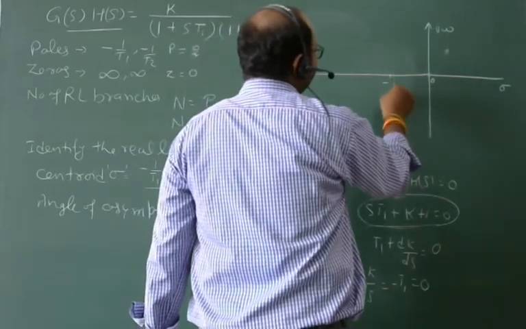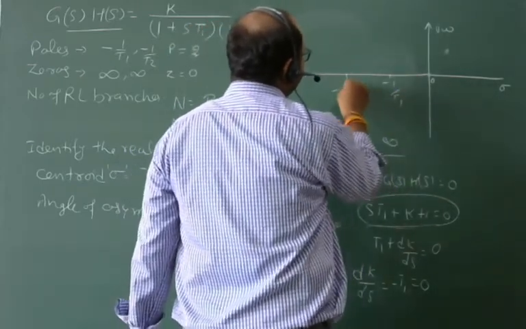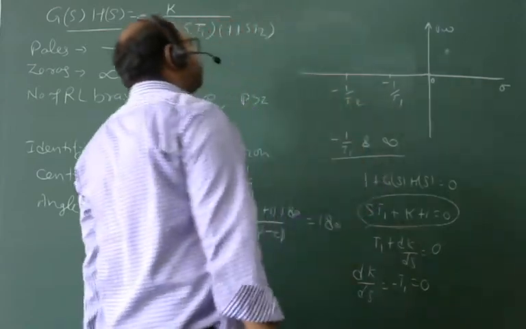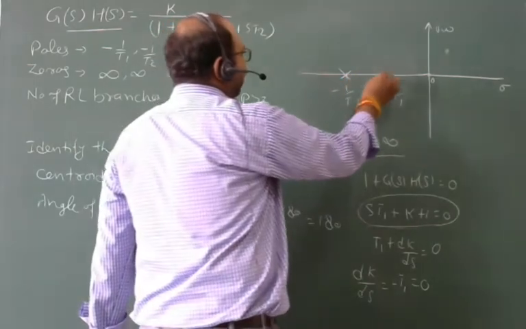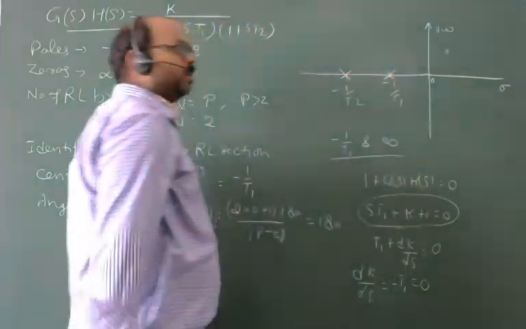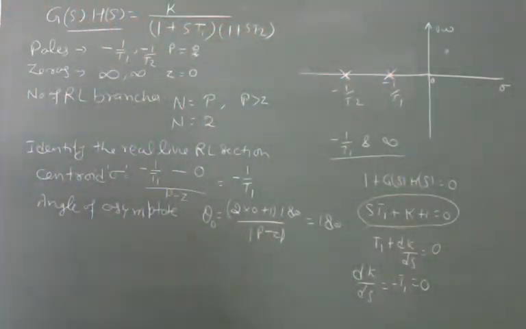One is minus 1 by T1, second is minus 1 by T2. One pole is here and one pole is here. Right? Now real line RL section.